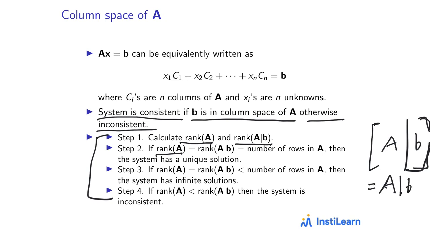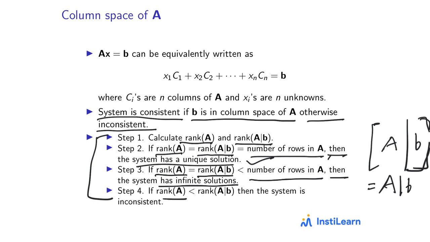If the rank of A is equal to the rank of the augmented matrix AB, and these two are equal to the number of rows in A, that is m, then the system will have a unique solution. If the rank of A is equal to the rank of the augmented matrix AB, but it is strictly less than the number of rows in A, that is strictly less than m, then the system will have infinitely many solutions.